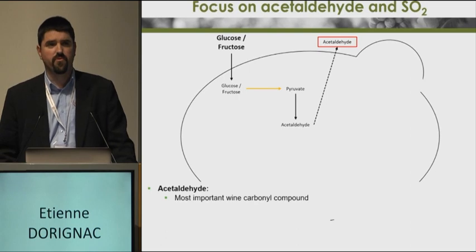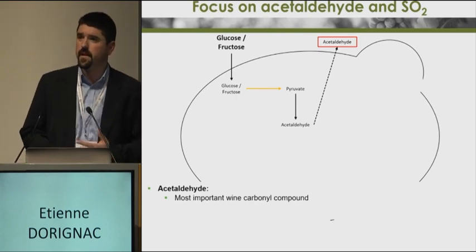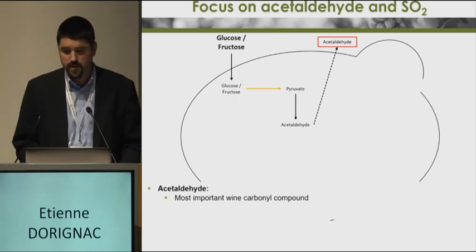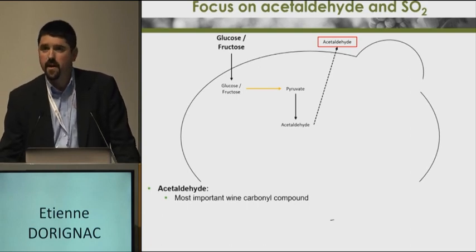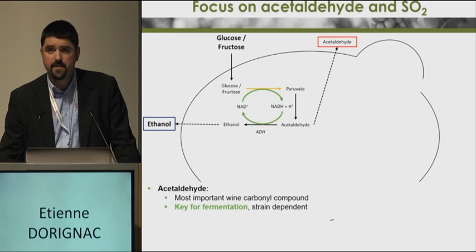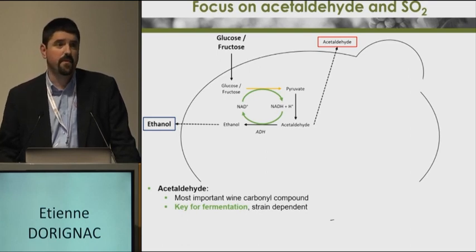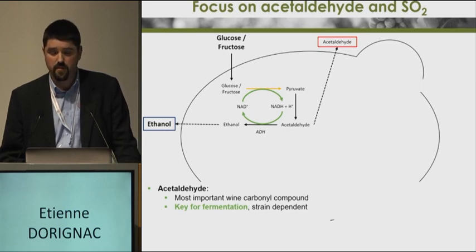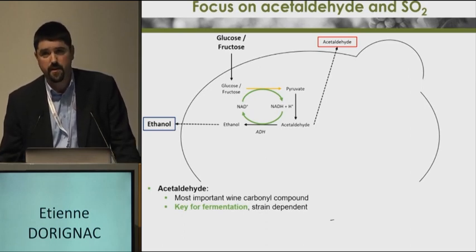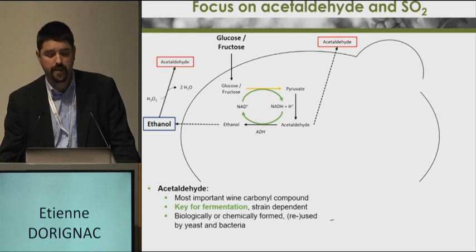If we focus a little more on acetaldehyde and sulfites, as we did just before, we see that acetaldehyde is the most important wine carbonyl compound. It is a key compound. Why? Because it is a terminal acceptor of electrons in the alcoholic fermentation, to produce the ethanol. Its production is strain dependent.